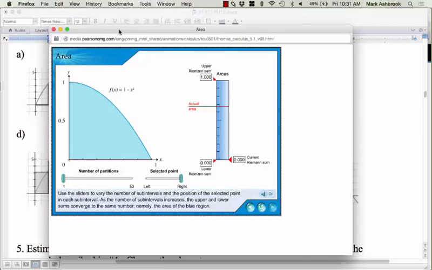So just to summarize, we said that the sum of many bits of change, the approximate total change, becomes the exact amount of change as delta x goes to 0.